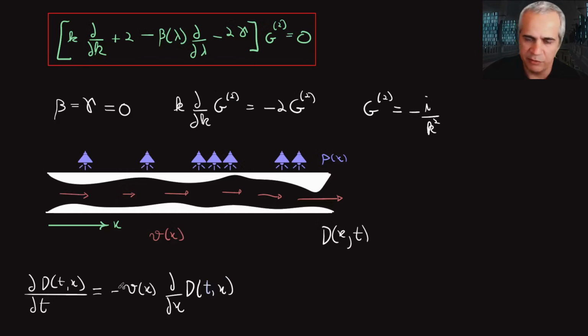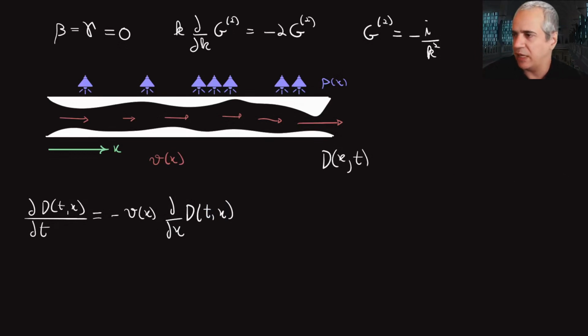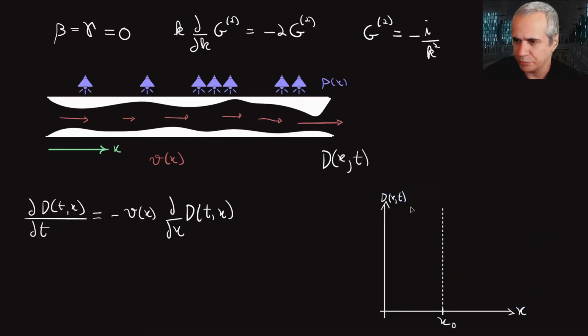If you're worrying about the sign here, just remember that, say, if the derivative in position is positive, that means the curve is something like that at that position.